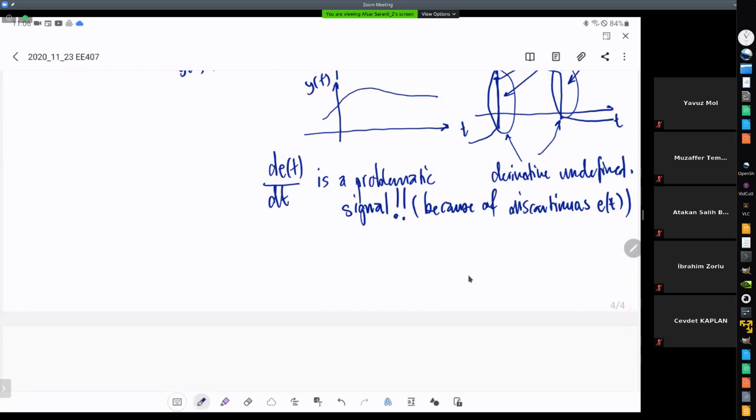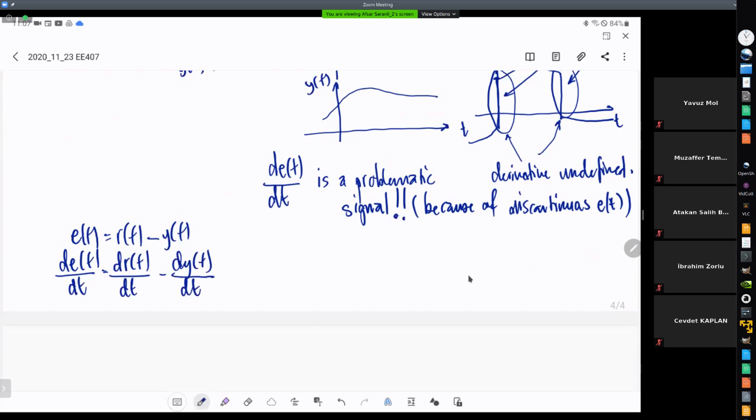Now let's take a look at this derivative. We have E of t equals R of t minus Y of t, and the derivative of E of t therefore is equal to dR of t over dt minus dy of t over dt. Now dR of t over dt is almost zero except for discontinuities.